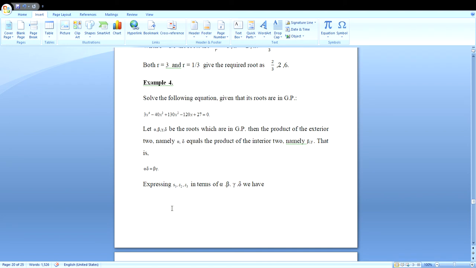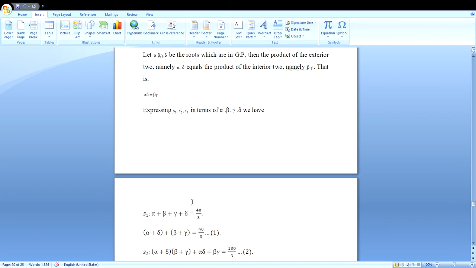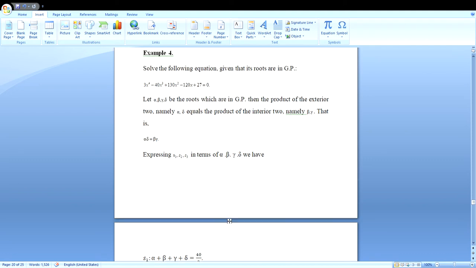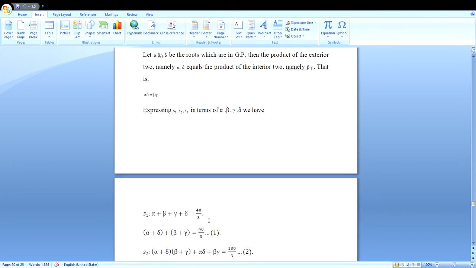Now we express S1, S2, S3 in terms of alpha, beta, gamma, delta. We have S1 as the sum of the roots, alpha plus beta plus gamma plus delta equal to minus A1 by A0. A1 is minus 40, therefore it is 40 by 3. Combining this as alpha plus delta plus beta plus gamma, we have equation 1.